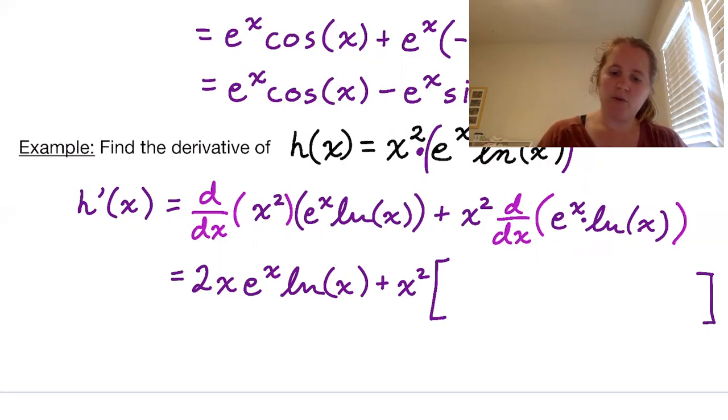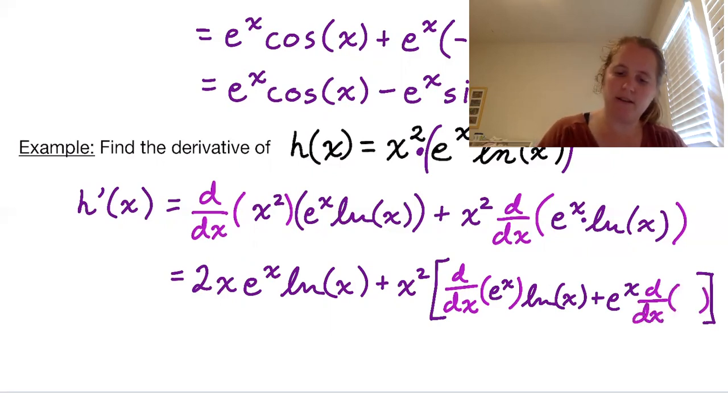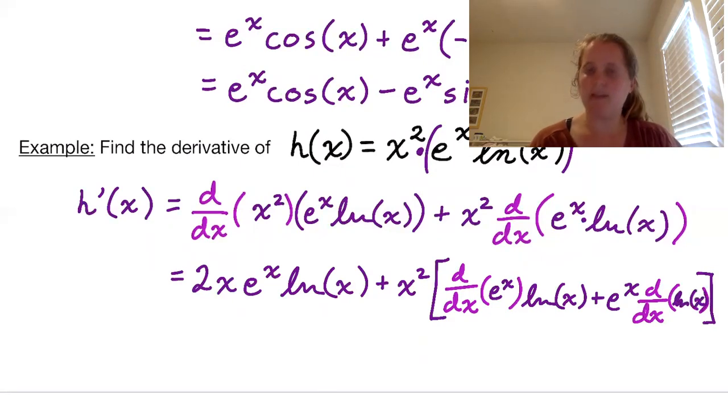So doing the product rule one more time, we would have the derivative of e to the x times the natural log of x. Then to that we will add e to the x times the derivative of the natural log of x.